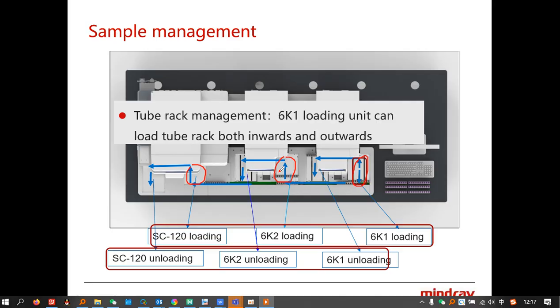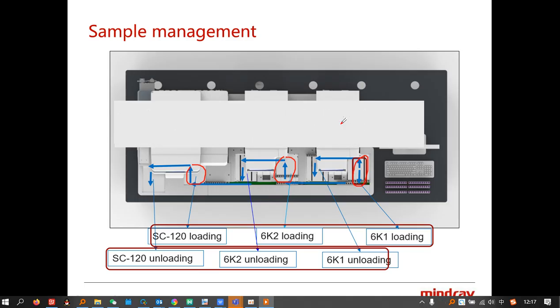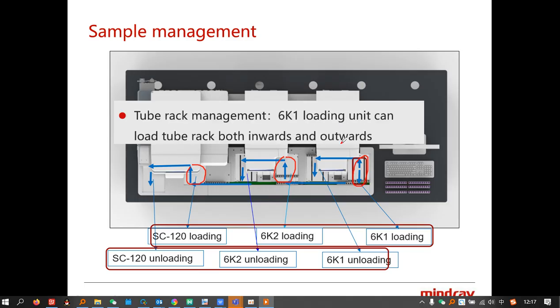But what is the difference when they put the racks on different platforms? The loading platform of the 6K1 can load the racks inward or outward in two directions. So it can distribute racks to both the 6K1 and 6K2.